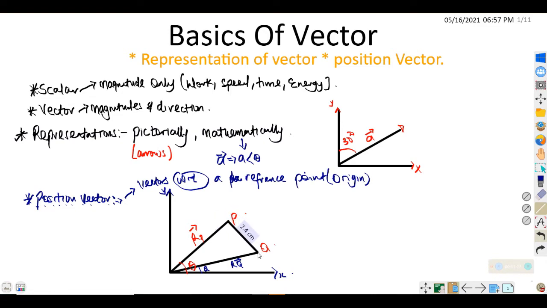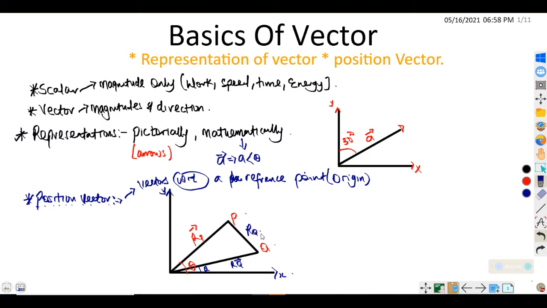My dear students, yes, very good. Now, this particular vector, I'm calling RQP. That is the position vector of point Q with respect to P, because I am starting from P. So I am going to call that one RQP. I hope students are following this.